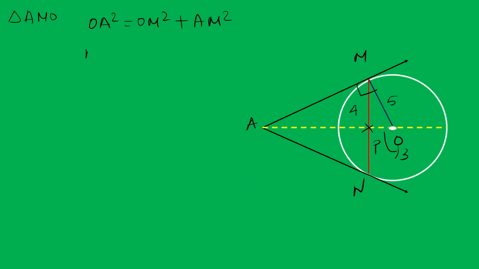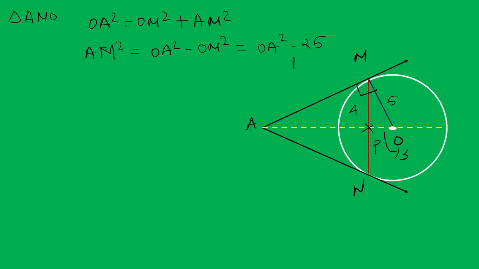And AM square, when we write it in terms of AM, is equal to OA square minus OM square. And we know OM is 5, so we get OA square minus 25, because OM is 5, 5 square 25.